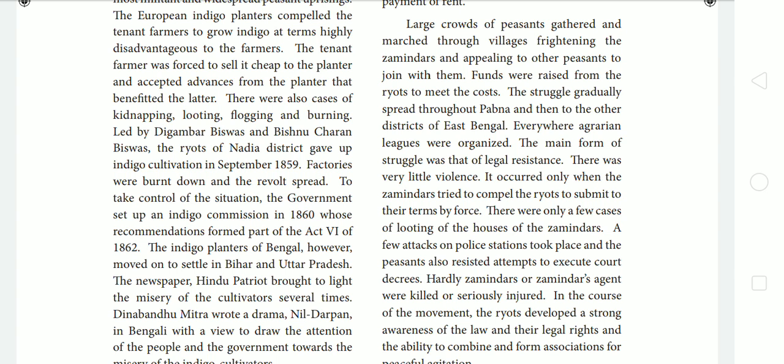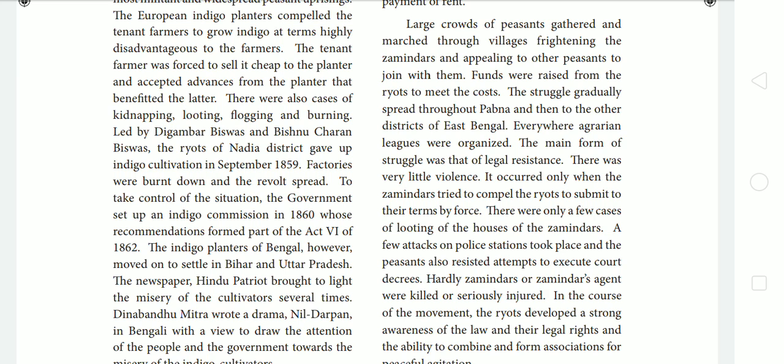Okay. So why did this revolt take place? The zamindars compelled the farmers to submit their tax in a forcible manner. Okay. So there were only a few cases of looting of the houses of the zamindars. A few attacks on police stations took place and the peasants also resisted attempts to execute court decrees.